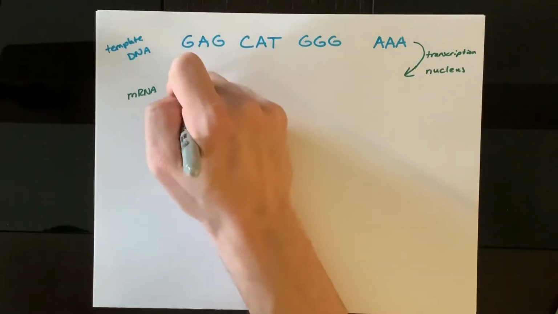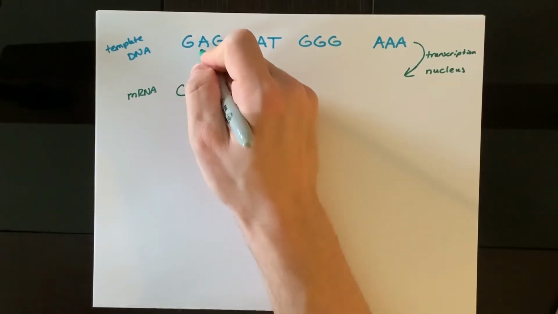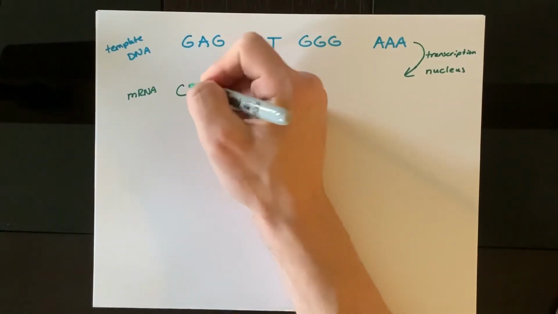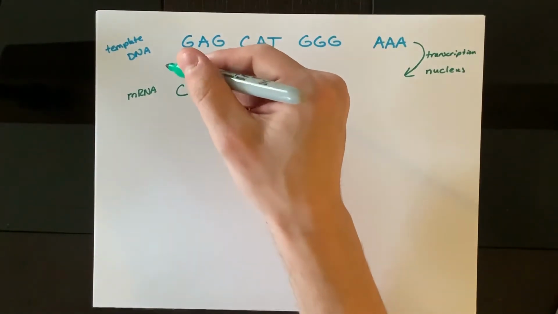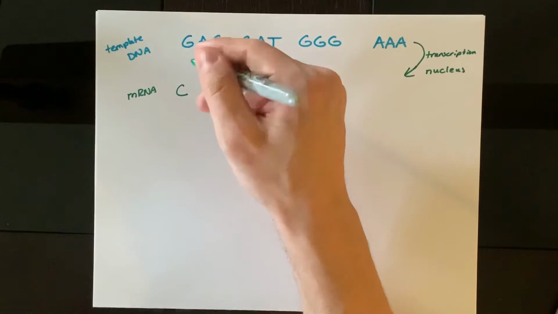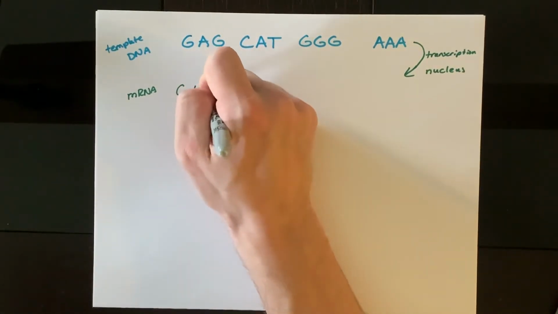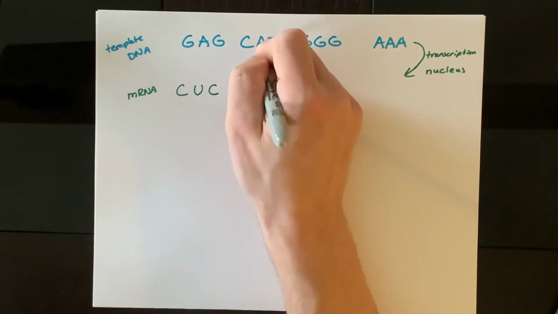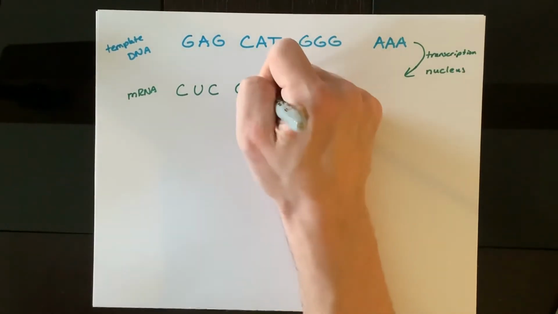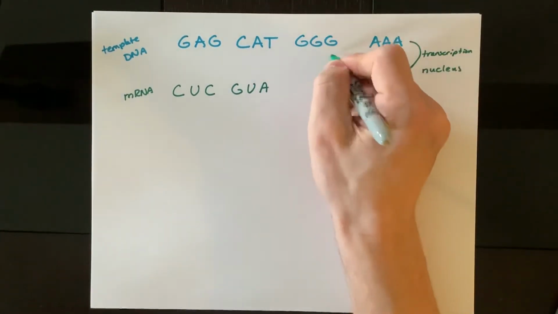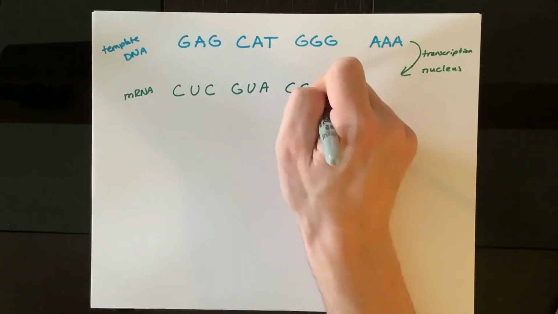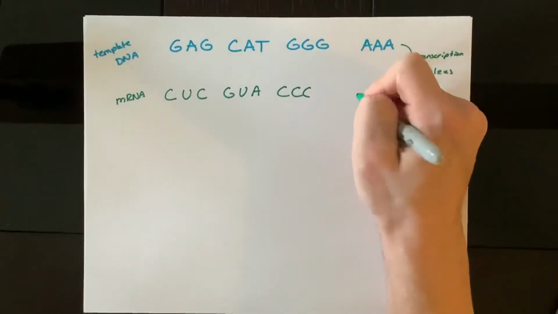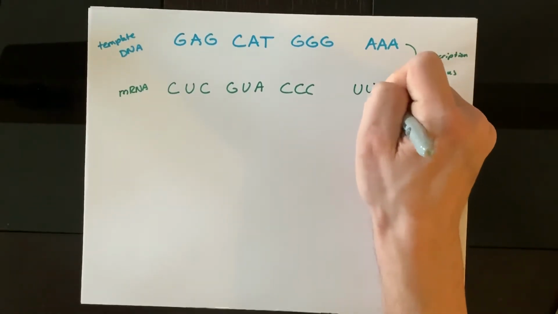G goes to C, A goes to, well, it would be T, but there is no T in RNA, so it's going to go to U. G goes to C, C goes to G, A goes to U, T goes to A, G, G, G, that would be straight C's there, and then A, it's going to be U, U, U.